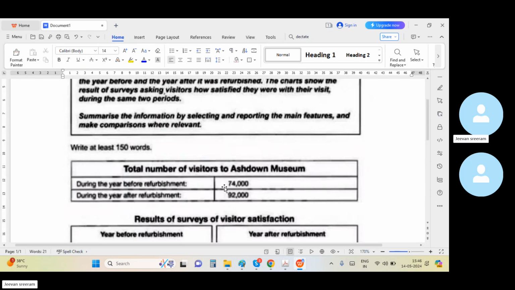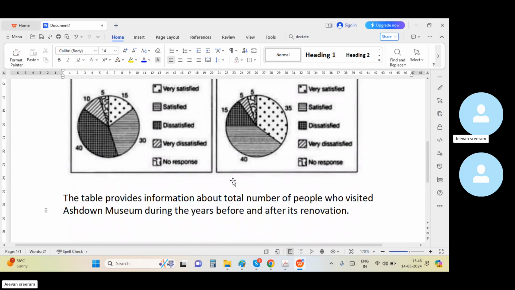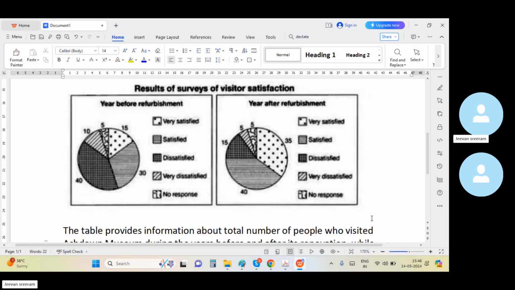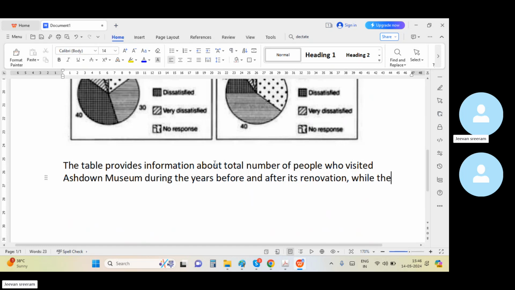So I have written the introductory sentence for the table. The next one, while. After while, there should not be any comma, and start writing the introductory sentence for the set of pie charts. While set of pie charts or pair of pie charts.